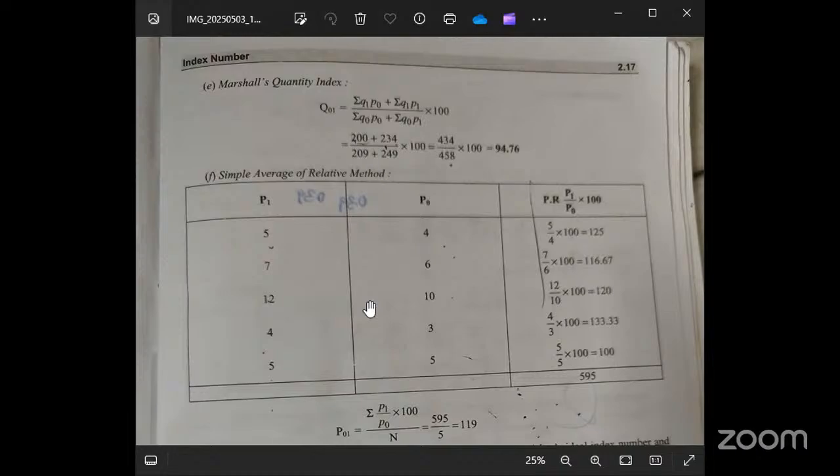Circular test is satisfied when P01 into P12 into P20 equals 1. So we'll do problems based on factor and time reversal, and we have another method also, that is chain base method. So we have two topics to complete in index numbers.